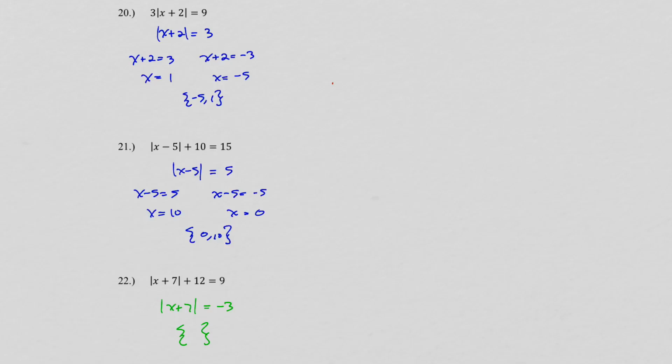And these are the solutions for the last three from this section. Number 20 is negative 5 and 1. Number 21 is 0 and 10. And 22 is no solution or empty set, because once we subtracted the 12, we get a negative 3. And this is not possible.